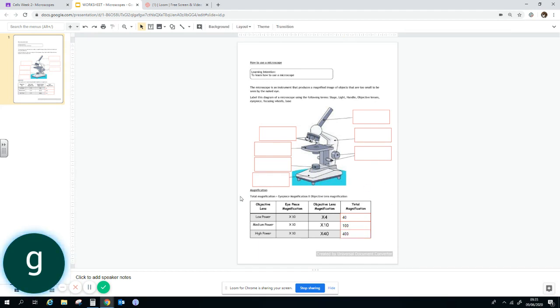That means, for example, if we look at the word eyepiece here, on my screen it is about 1 millimeter in size. If you were to place this first low-powered microscope magnification on top of that, something that is 1 millimeter would actually, under the lens, appear to be 40 times bigger.